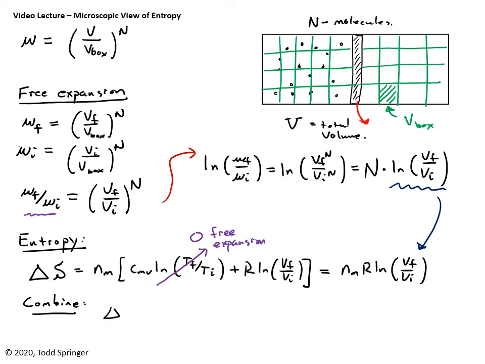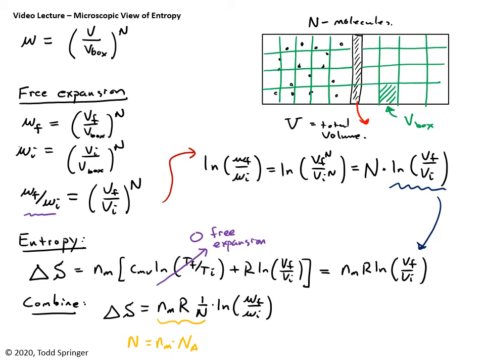Delta S is equal to number of moles, Nm, R, and now instead of natural log Vf over Vi, I'm going to write 1 over n times the natural log of omega f over omega i. Okay? And this prefactor can be simplified because remember that n is the number of moles times Avogadro's number.